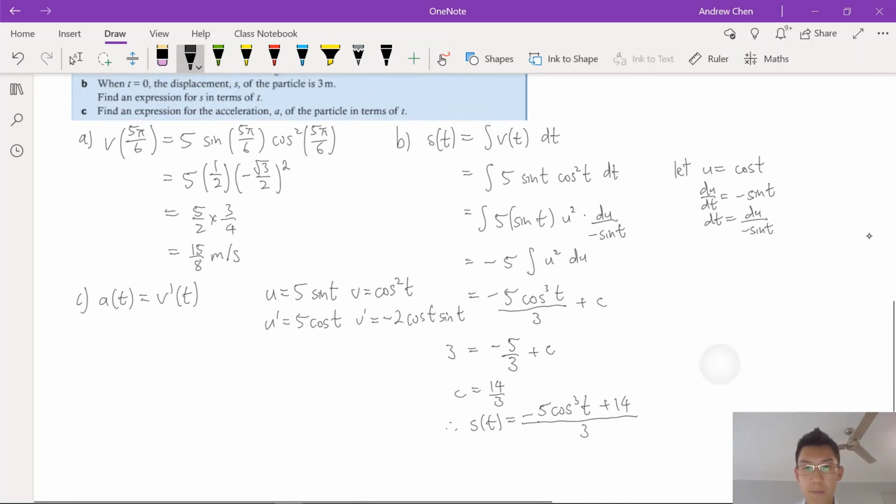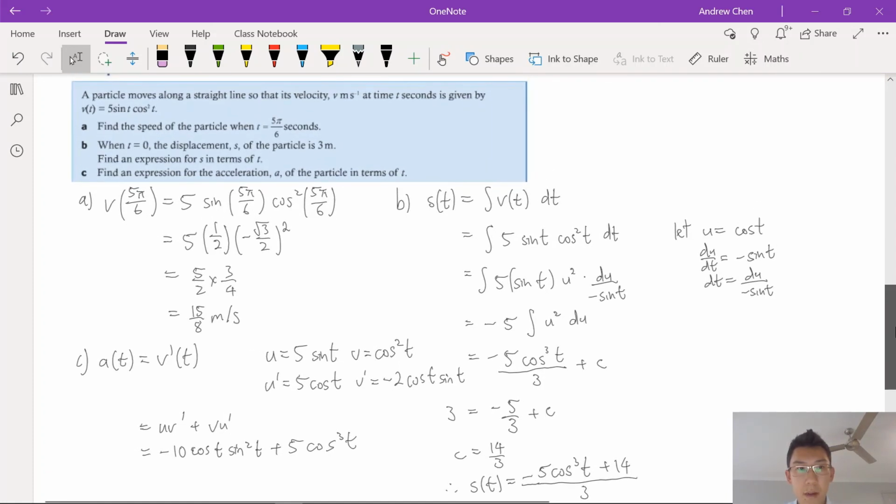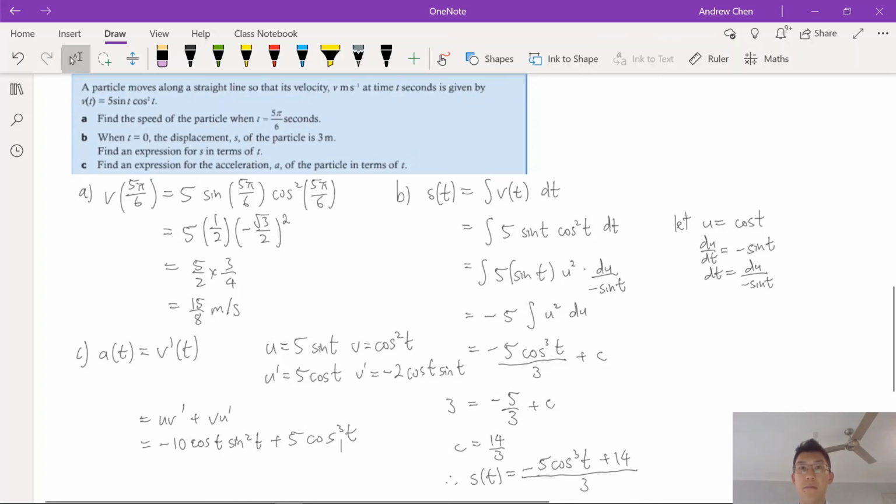Excuse the working going pretty close to the other part, but if we want to find the derivative, it's u v prime plus v u prime, so that gives us negative 10 cos t sine squared t plus 5 cos cubed t. All right, and there's our expression for acceleration. So again, quite a lot involved there. But this gives you an idea of how you can apply your derivatives and integrals to trig functions in the context of linear motion.